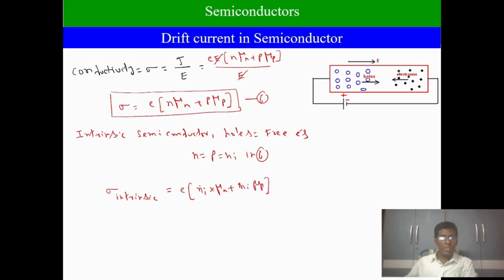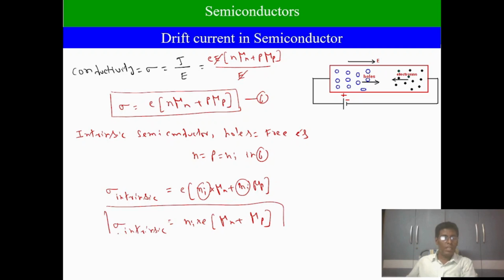Here ni is common, so we can bring it outside. So ni e remaining is mu n plus mu p. This is the equation for the conductivity due to the drift process: sigma intrinsic is equal to ni e into mu n plus mu p.